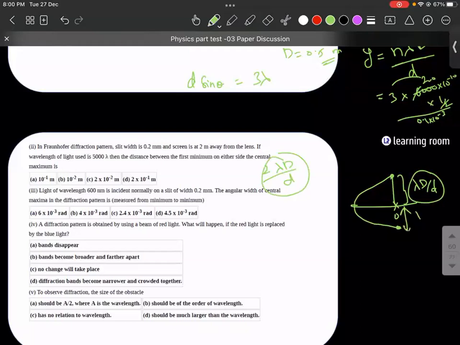And this is also lambda into capital D divided by d. It will be 2 times lambda into capital D divided by d. So substitute the values. So 2 into lambda is 6000 into capital D is 2 divided by 0.2 into 10 power minus 3. So 6000 into 10 power minus 10.